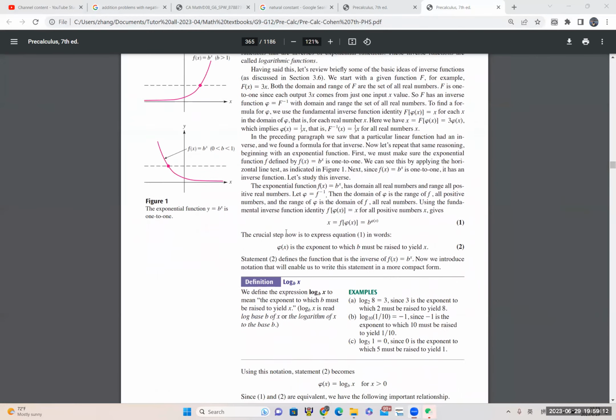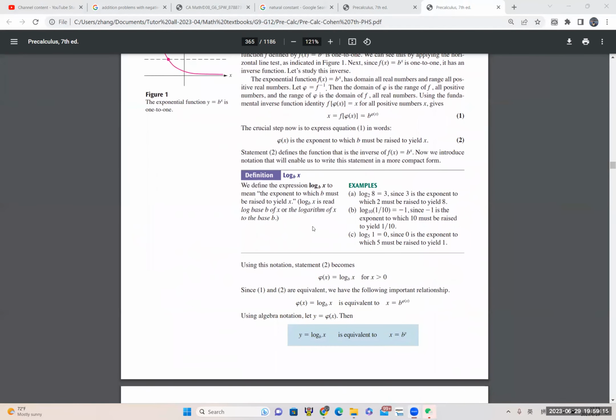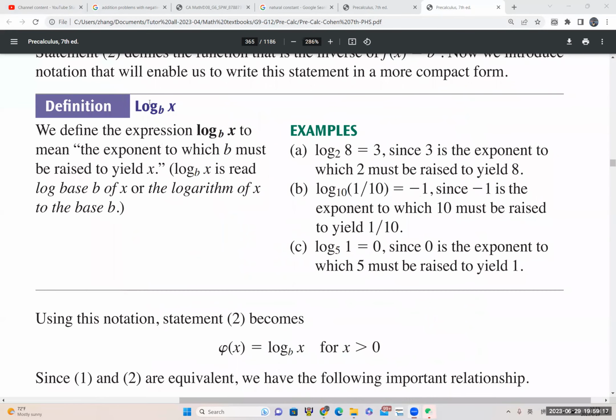Now let's go to its definition. Log base b of x, let it equal y. Then if we write it in exponential form, we have x equals b to the y power. It means the exponent to which b must be raised to yield x.